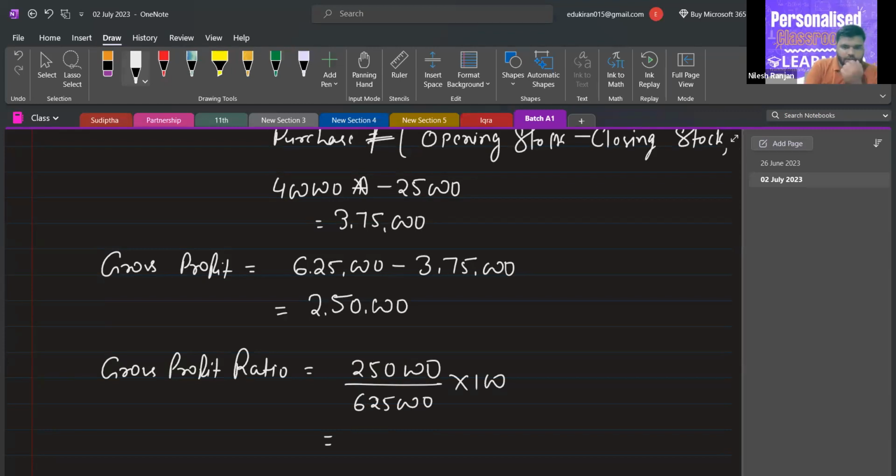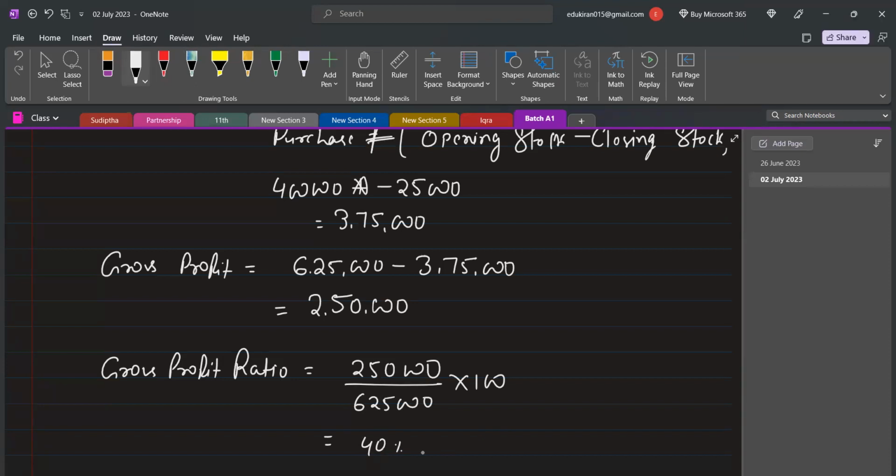If we calculate 2,50,000 by 6,25,000 into 100, it is 40%. Okay, sir. This is our gross profit ratio.